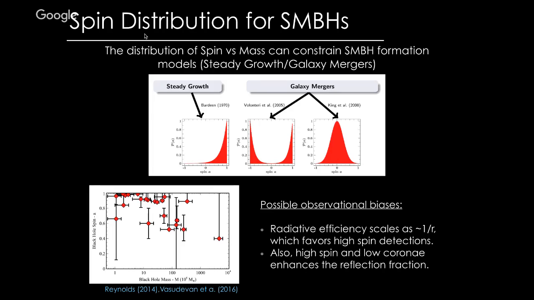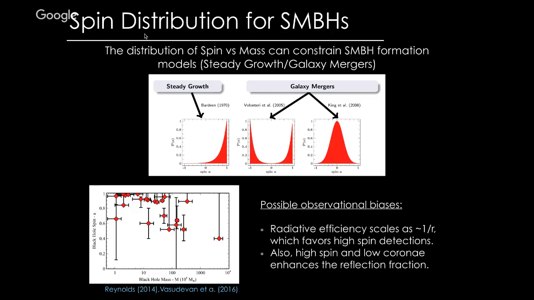So the actual determination of spins is not always very accurate. And this is something we're currently working on, trying to reduce those uncertainties and get a better distribution. So we need a larger number of objects, but it doesn't really help too much to increase the sample if we don't have good constraints.